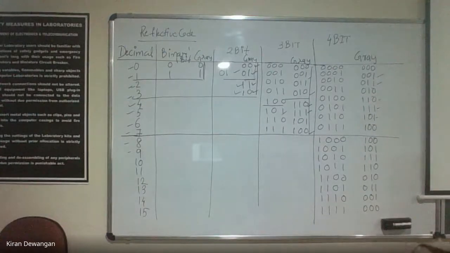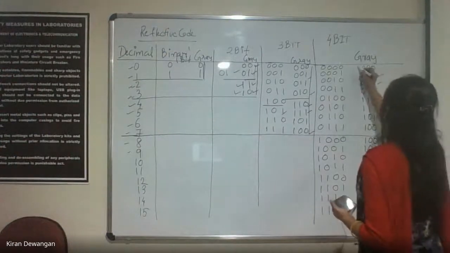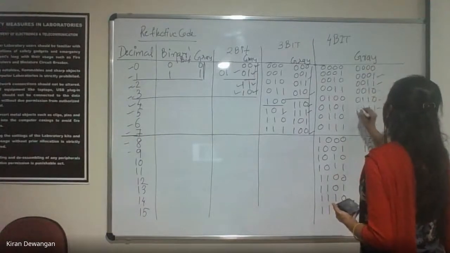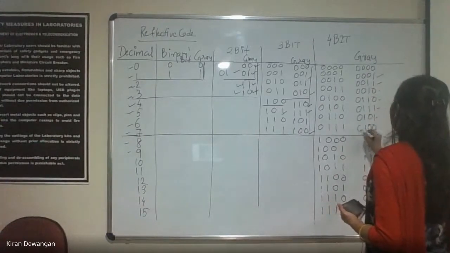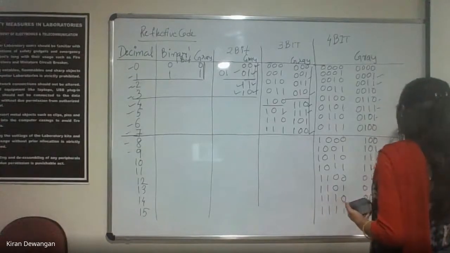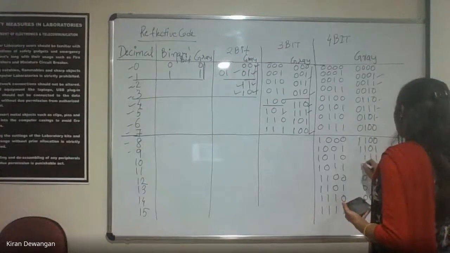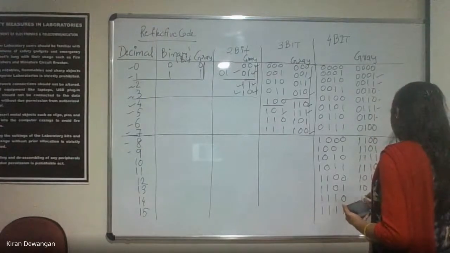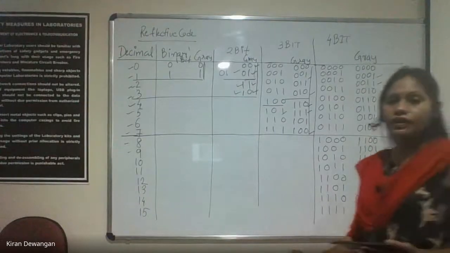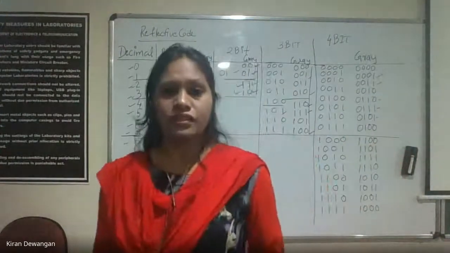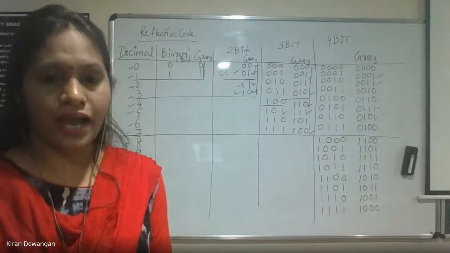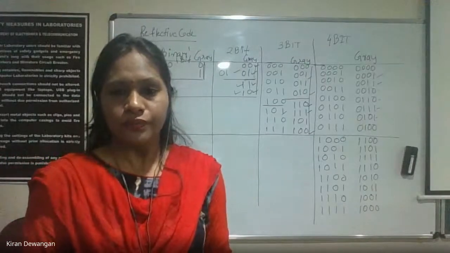What is our next step? Next step is we'll add 0 here, and we'll add 1 after the mirror values. So this is how we'll get our reflective code. A gray code is known as a reflective code.